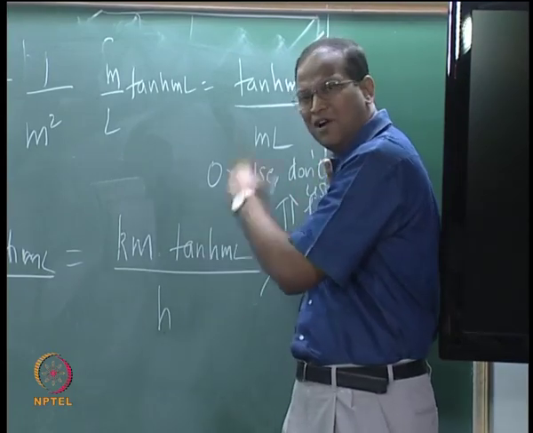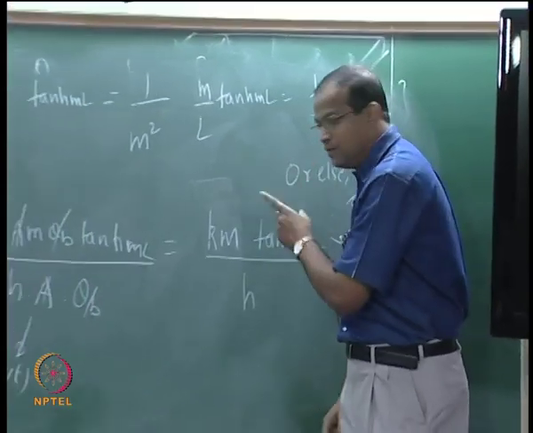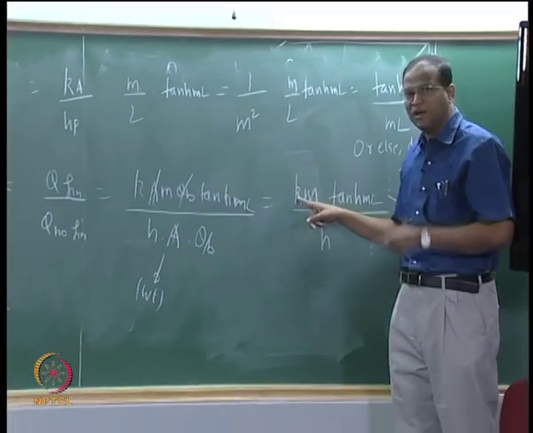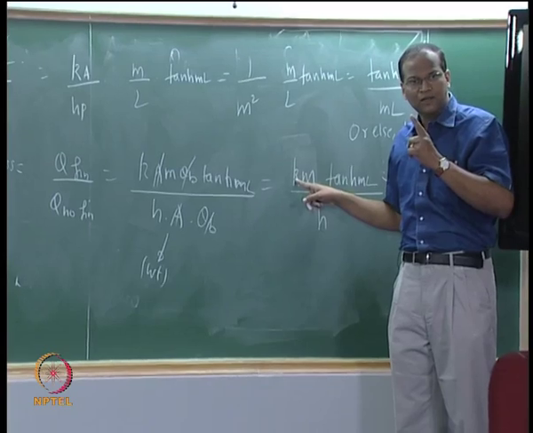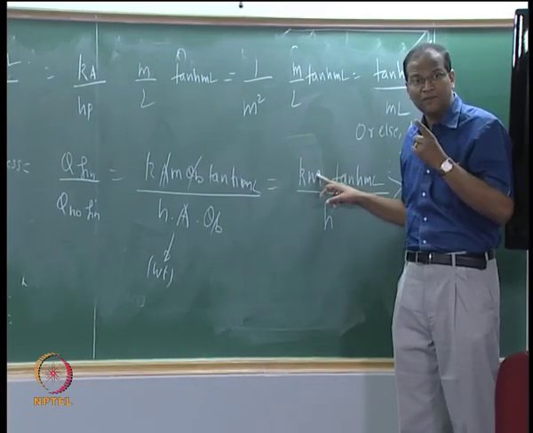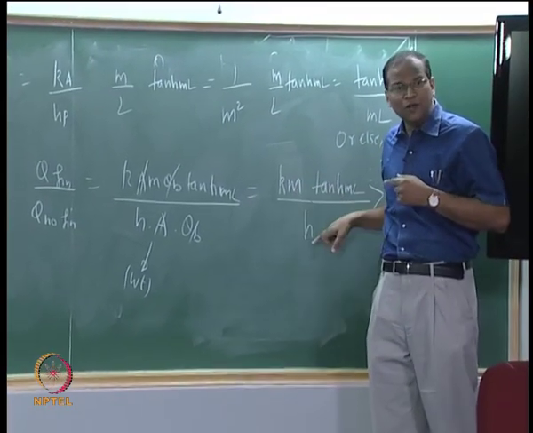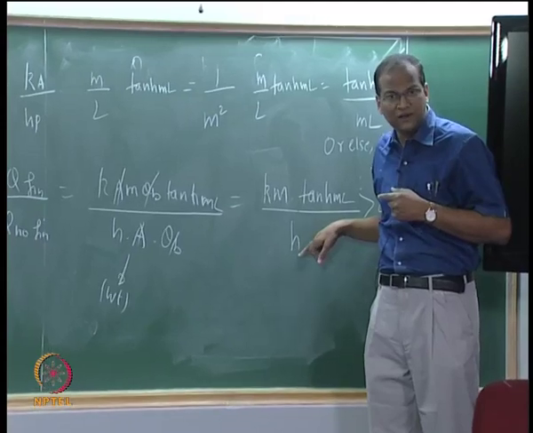Therefore, tanh mL is not a big parameter once m crosses a certain value. Therefore, if the fin has to be effective, the fin has to be made of a material whose thermal conductivity is high. The fin should have a reasonable value of m, but length should not be very large, and there should be a low heat transfer coefficient for you to justify it.